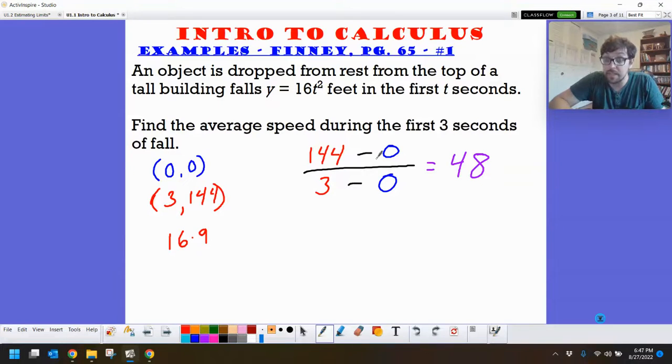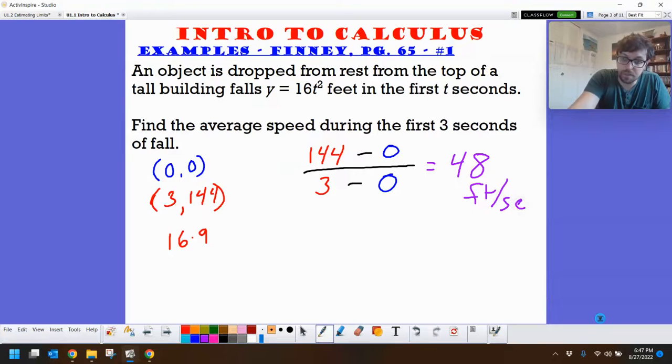And you find the slope between those 2 points, and then its speed is 48. I mean, its average speed over those 3 seconds is 48 feet per second. On average. There were times where it was faster than that and times where it was slower than that. But on average, over those 3 seconds, its speed was 48 feet per second.